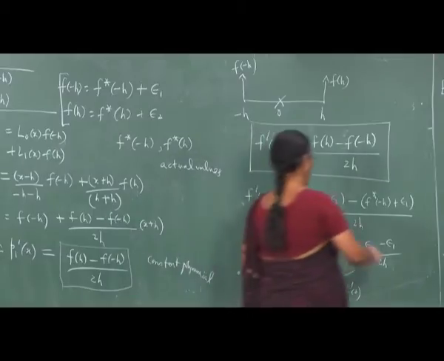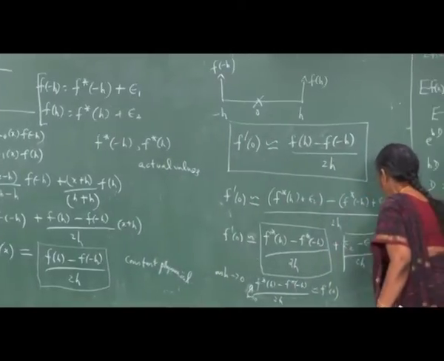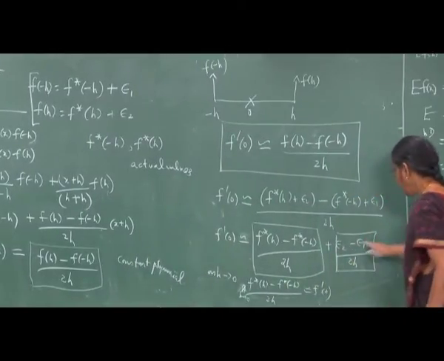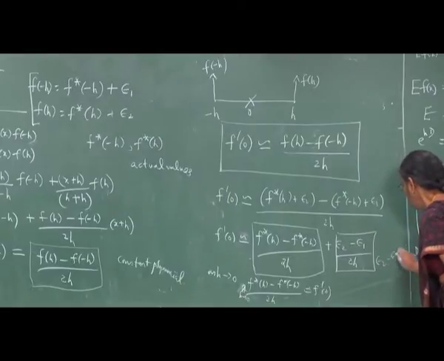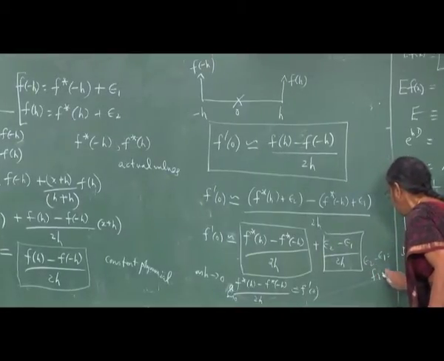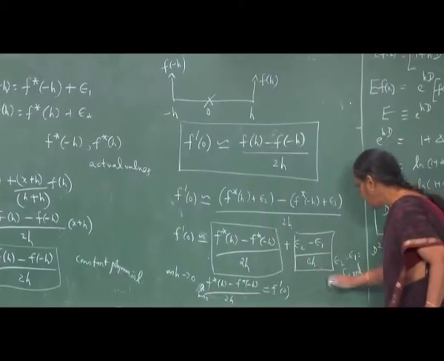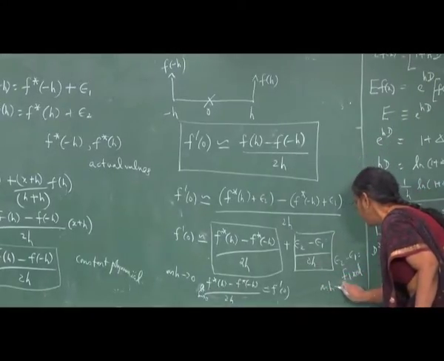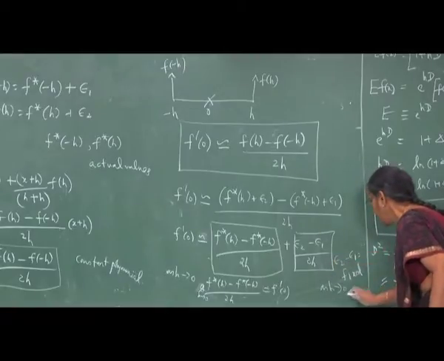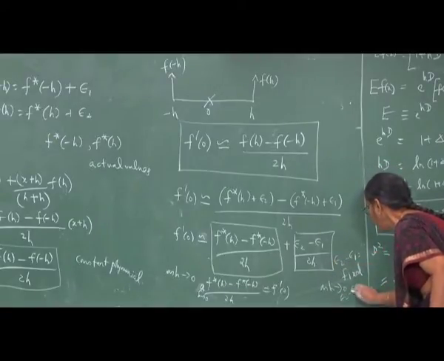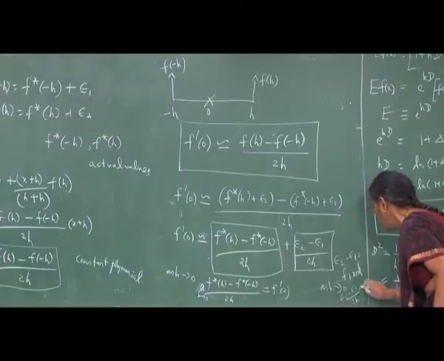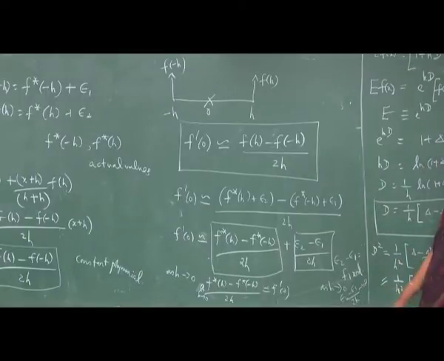However, if you look at the second term, epsilon 2 minus epsilon 1 is some fixed constant, and so as h tends to 0, this second term epsilon 2 minus epsilon 1 by 2h tends to infinity.